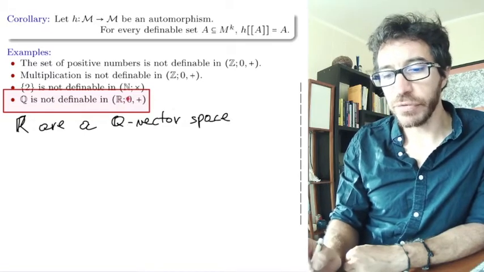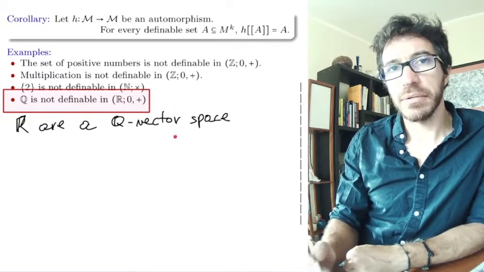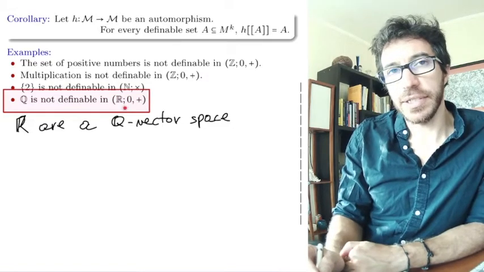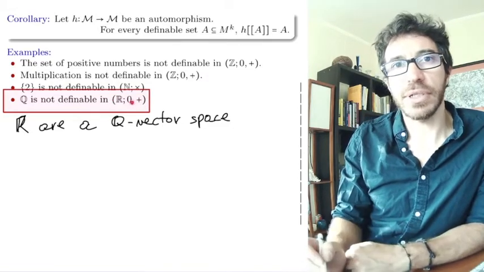If you have an automorphism of R as a vector space, in particular you have an automorphism of R as a group, because this is less structure.